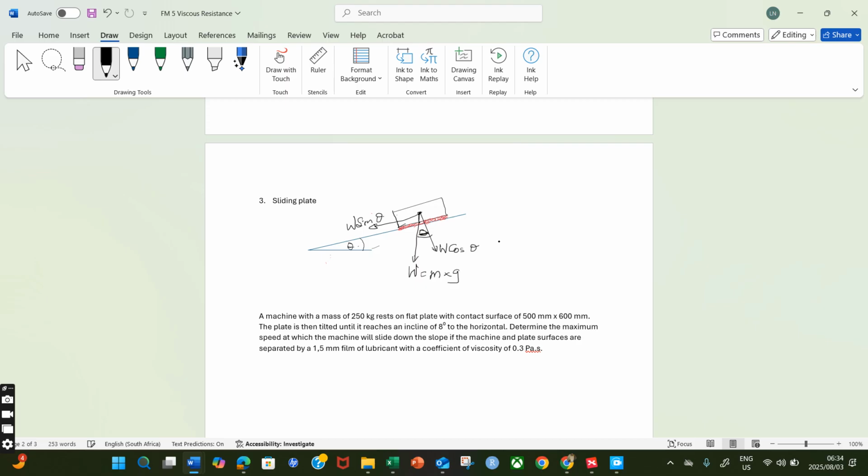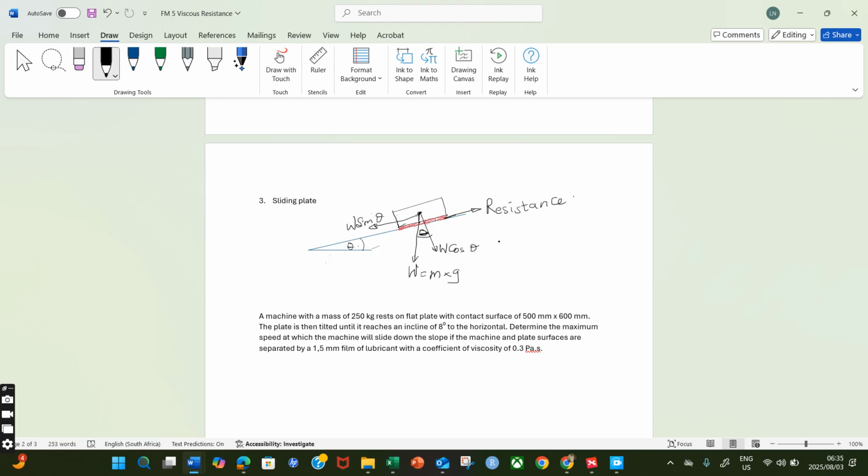So what you need to know is, as this force, the W sine, is moving this down the slope, we will have the resistance, which acts against the direction of the motion. We will have that resisting force there.